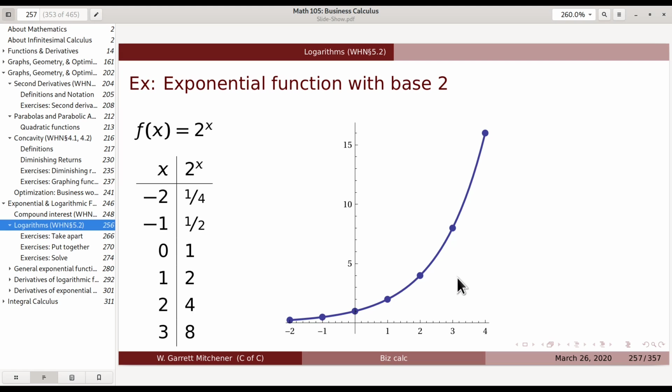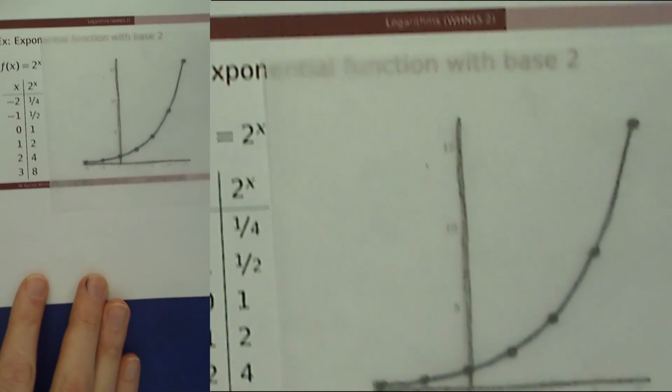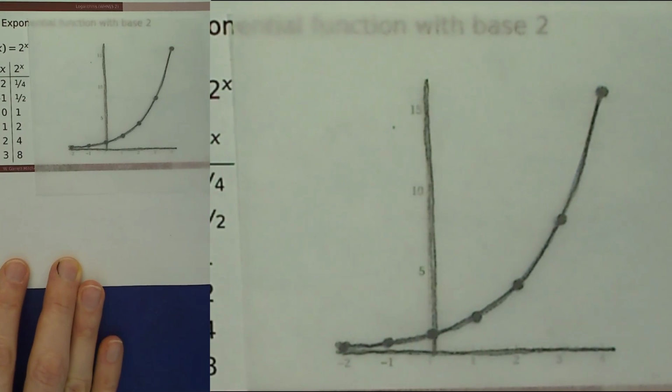Another thing that we haven't seen yet is what do you do about the inverse of a function like this? Well, remember, here's how to go from the graph of 2 to the x to the graph of its inverse.